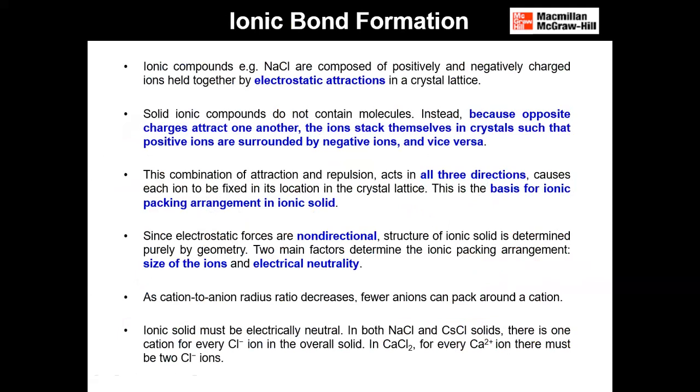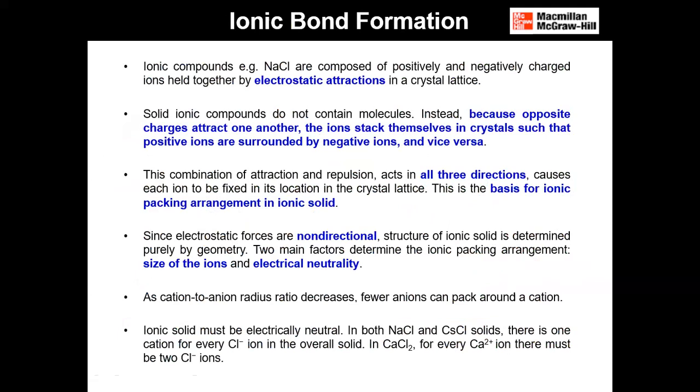So ionic bond formation is due to electrostatic attraction. When the electronegativity difference is more than 2, it can form ionic bonds. This is because opposite charges attract each other.